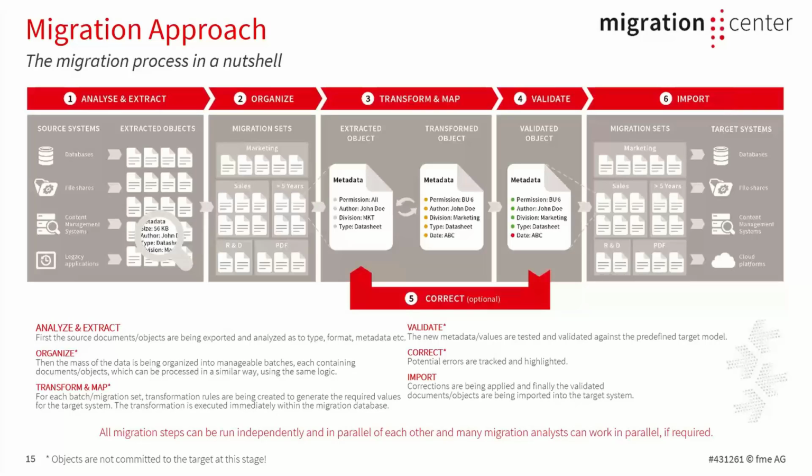And once everything is validated and looks fine, you can proceed to the import step, which is basically similar to the scanning phase. It will take all of the metadata and the content and push it into the target system. And that's the general migration process, which we will see shortly during the live demo.